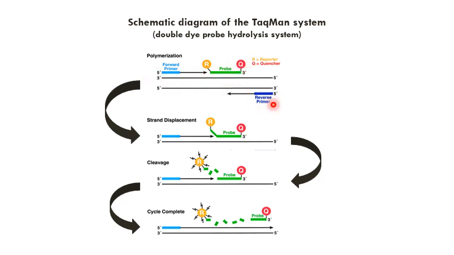You have a forward primer and a reverse primer. Once you see that the extension is happening and the polymerase reaches the reporter, it will be cleaved and reported as a signal. Then the probe is released from the target DNA strand.